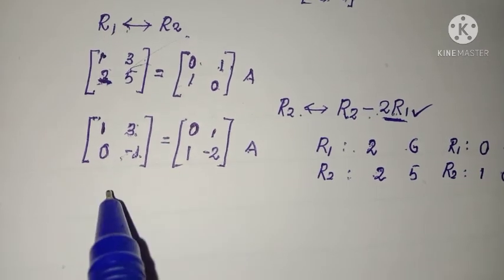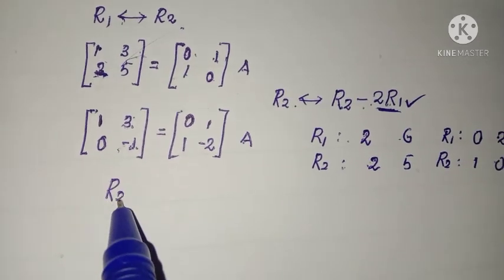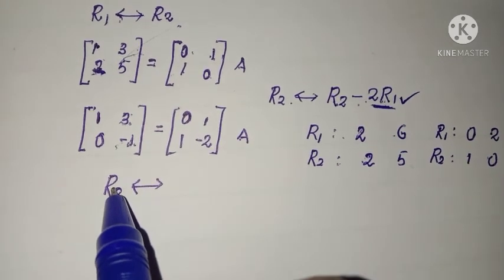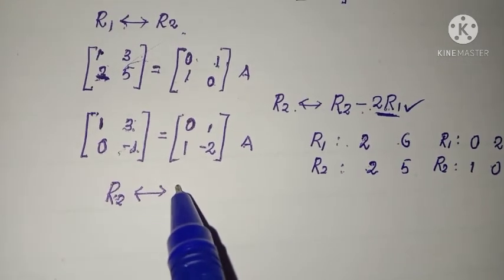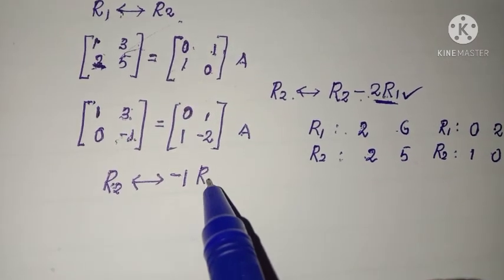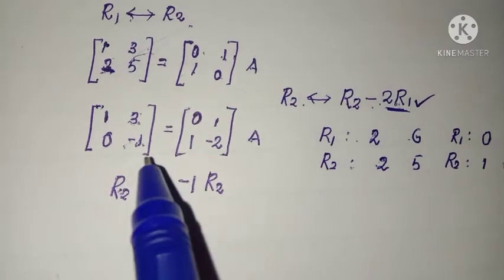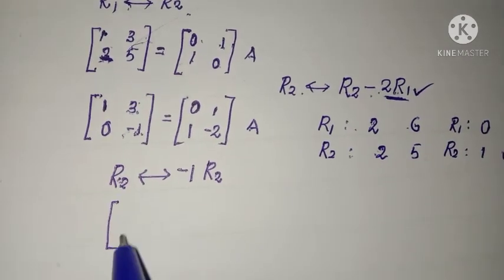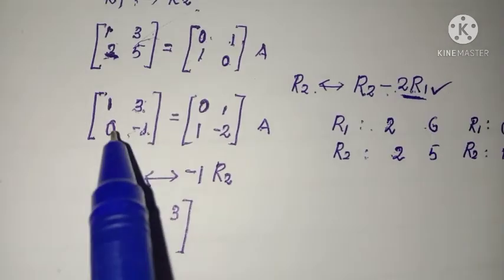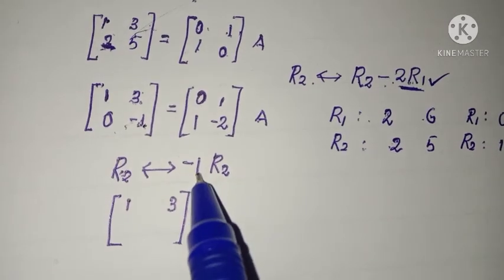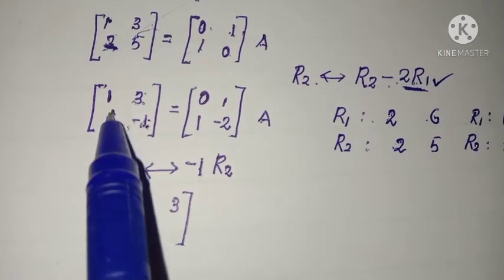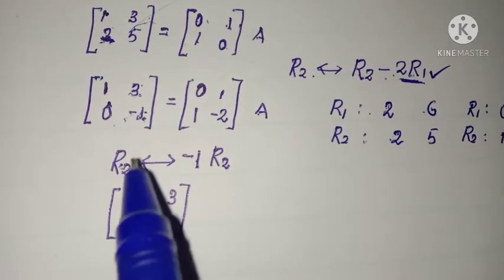So here I am going to make a transformation: I need to change R2 by a scalar multiplication of R2. Okay. So there is no change in the first row. The first row is 1, 3 itself. The second row becomes scalar multiplication: minus 1 into 0, 0.